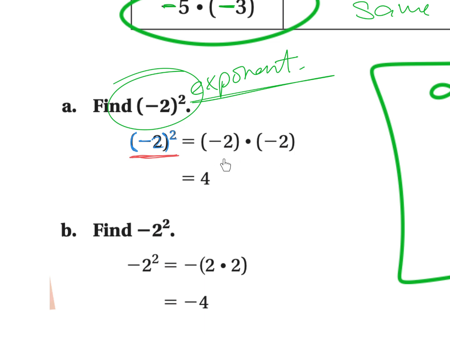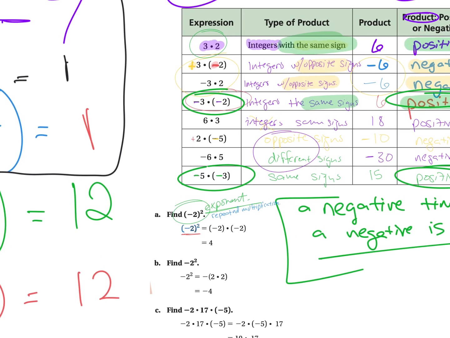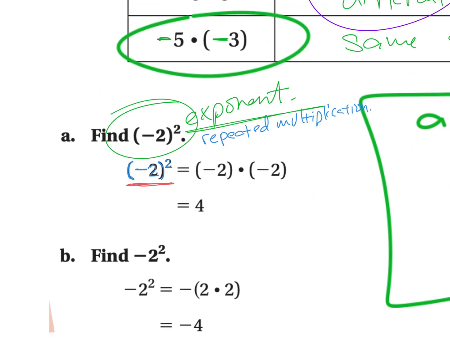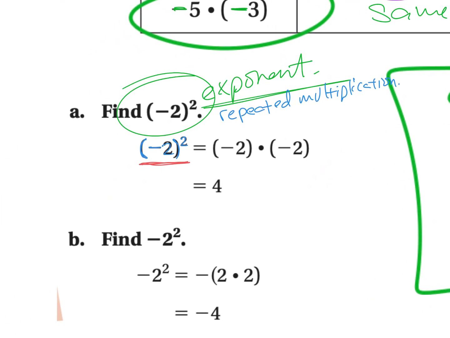It basically means -2 times -2. That's why I said exponents are basically repeated multiplication, just like multiplication was repeated addition. We're just making life simpler to get bigger numbers in a more compact way.